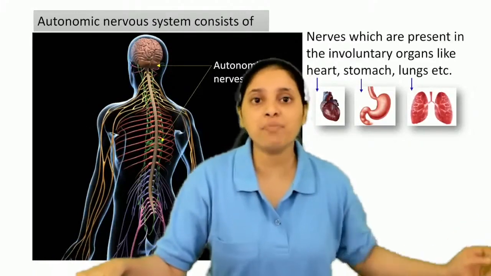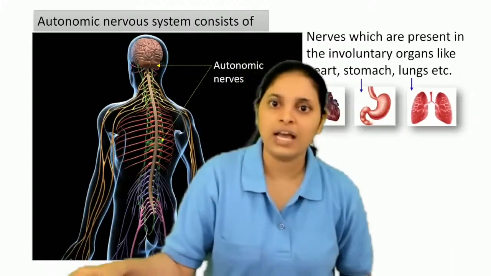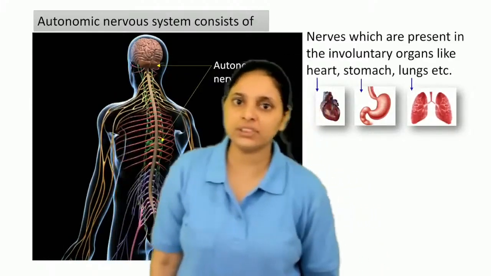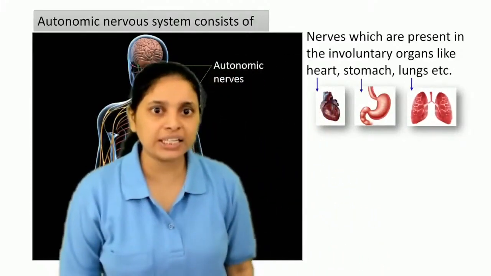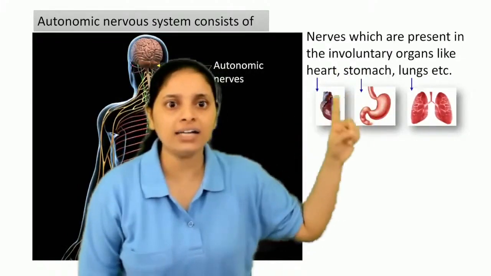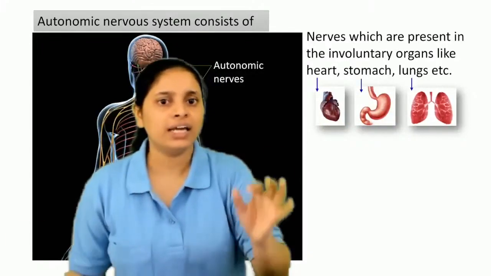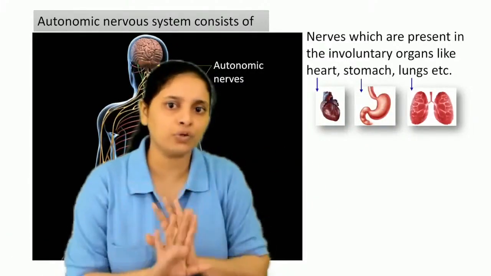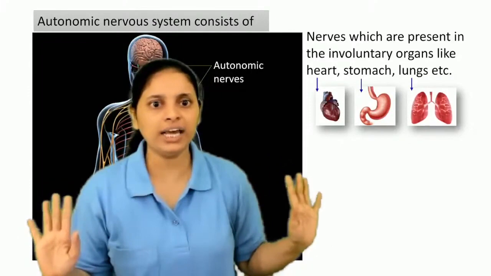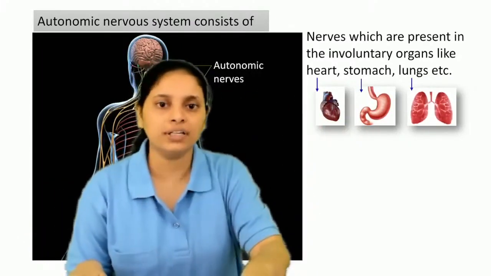They connect different body parts to our central nervous system, that is brain and spinal cord. And third, we have the autonomic nervous system, which basically is present connected to the involuntary organs like heart, stomach and lungs. Involuntary organs का मतलब क्या होता है? इनकी एक्टिविटी हमारे कंट्रोल में तो नहीं है, सही है, वो अपने आप काम करेंगे. And they are connected again to the central system. क्या इतना सबको क्लियर है?